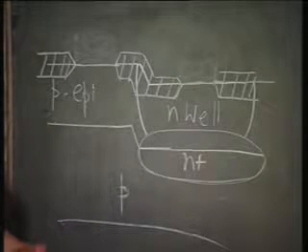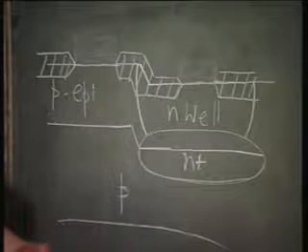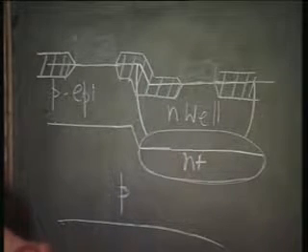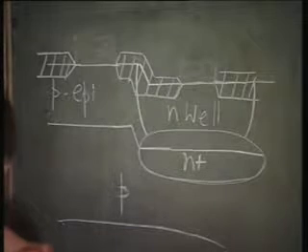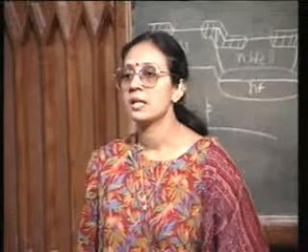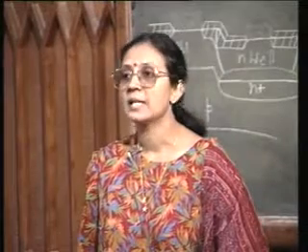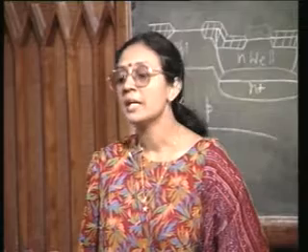The N plus buried layer would cut down the collector resistance. The N well with its low doping will serve as the collector. I need to do just another P doping for the base and an N plus doping for the emitter.